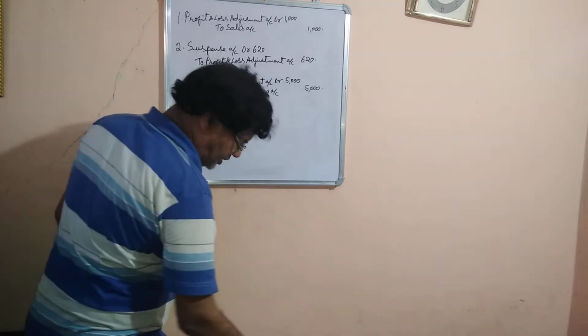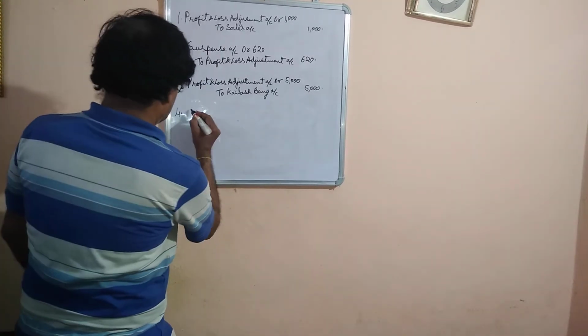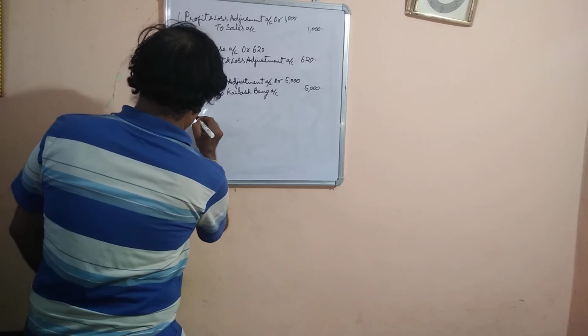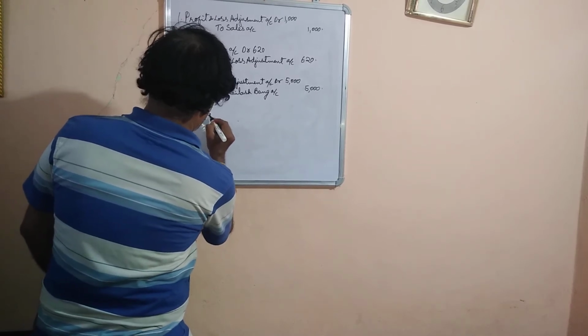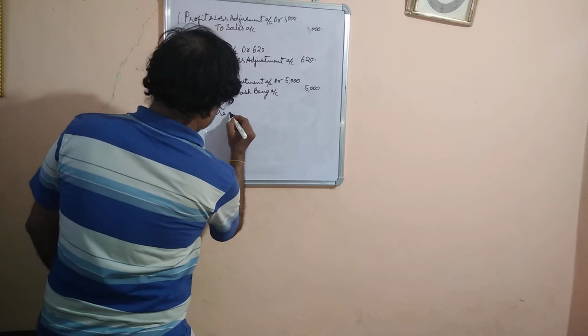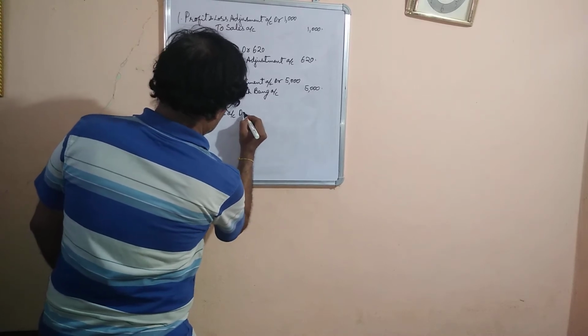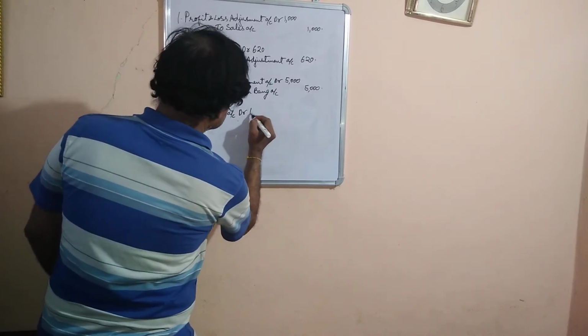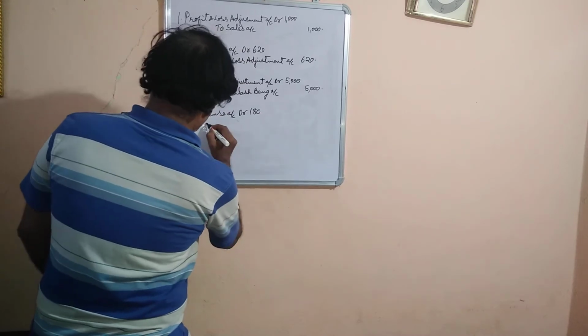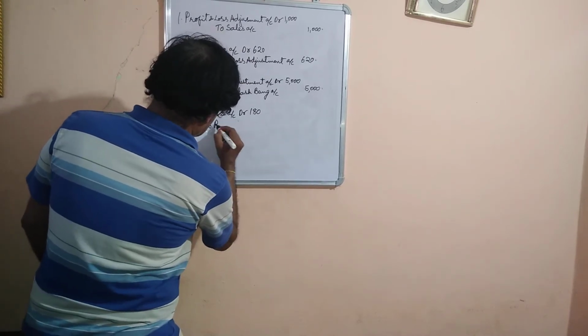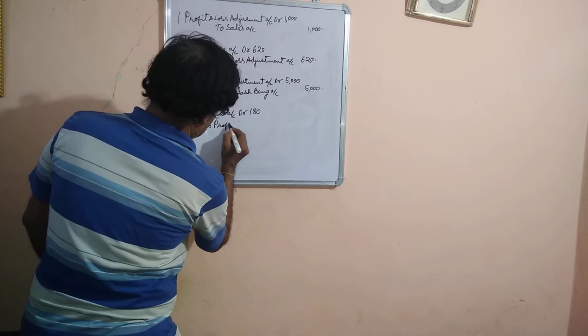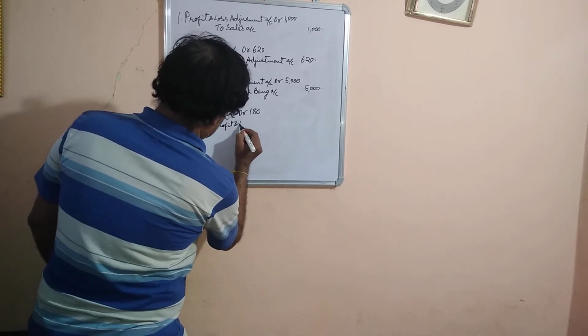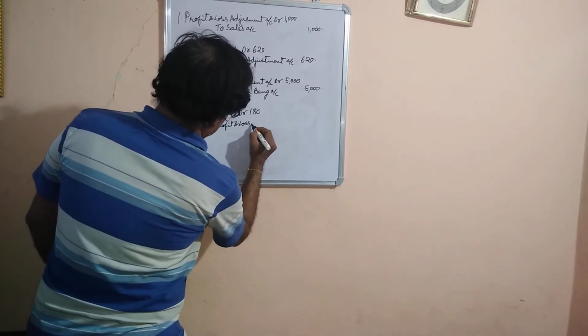Now what is the entry that we come across? Suspense account debit, 180, to profit and loss adjustment account.